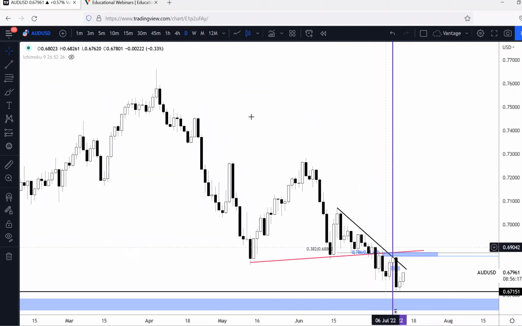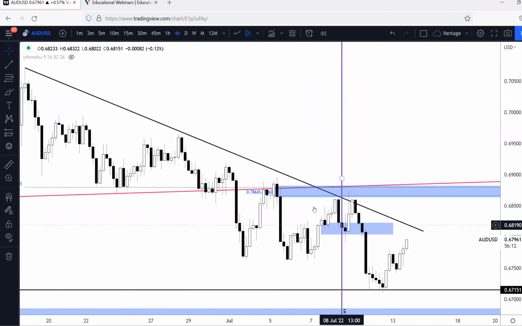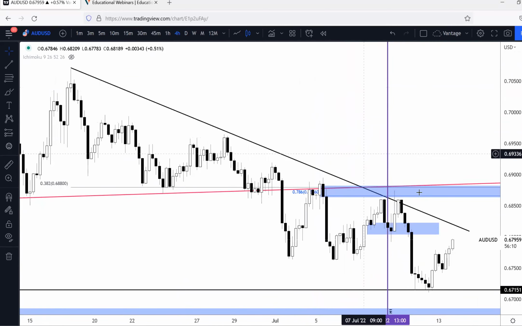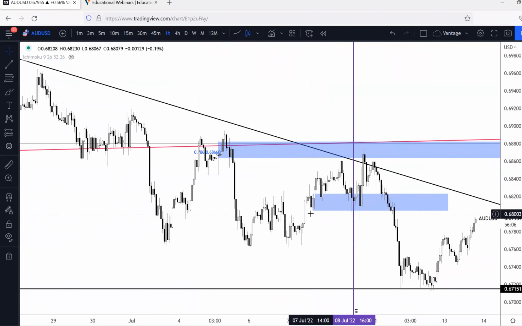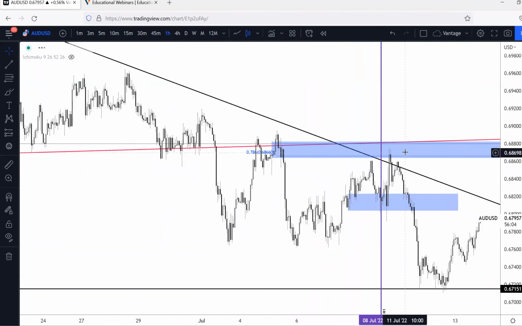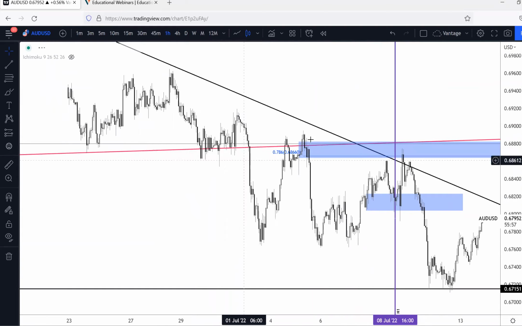So when we zoom down to the smaller time frame to make the analysis on the 4 hours, you can see that this was the analysis that was done previously. Prices were still holding below the descending trend line. Then on the 1 hour time frame, we marked out these two areas, right? This area was in line with the 78.6 Fibonacci extension level of the zigzag pattern that we've identified.